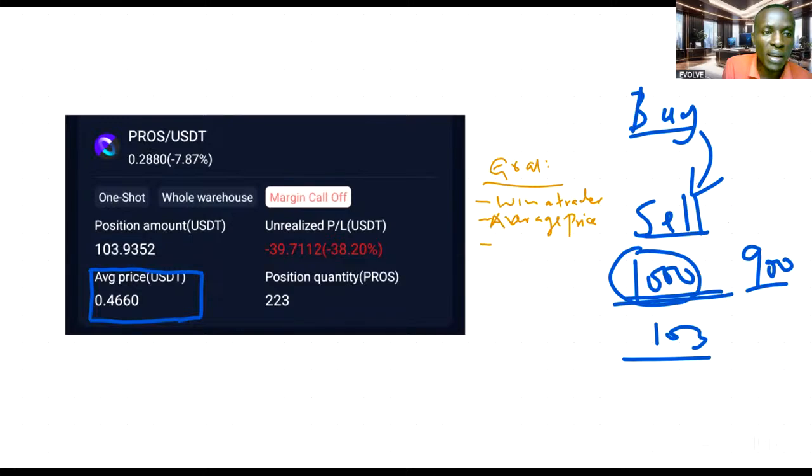When you are trading, your goal is to ensure that what you see at the average price should be lower than what you see on the current price. So this is the current price.